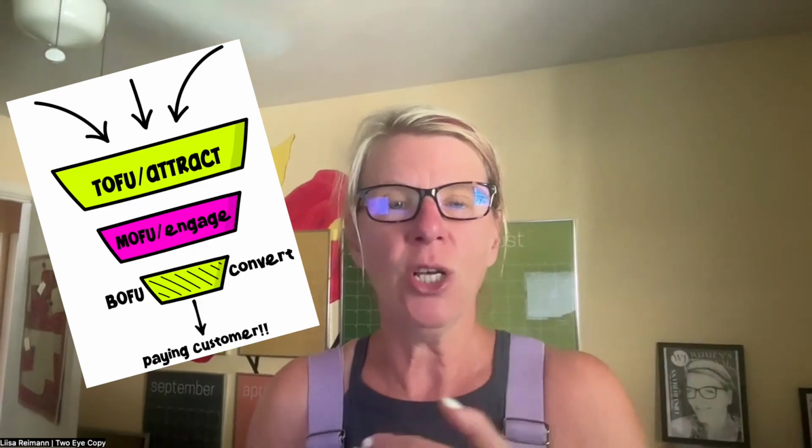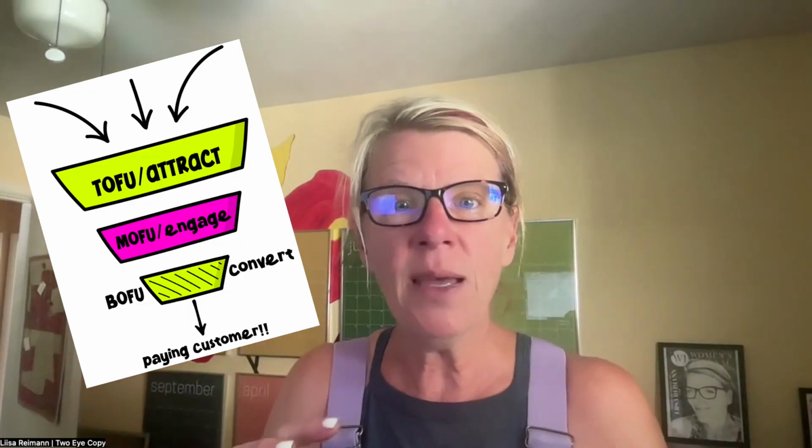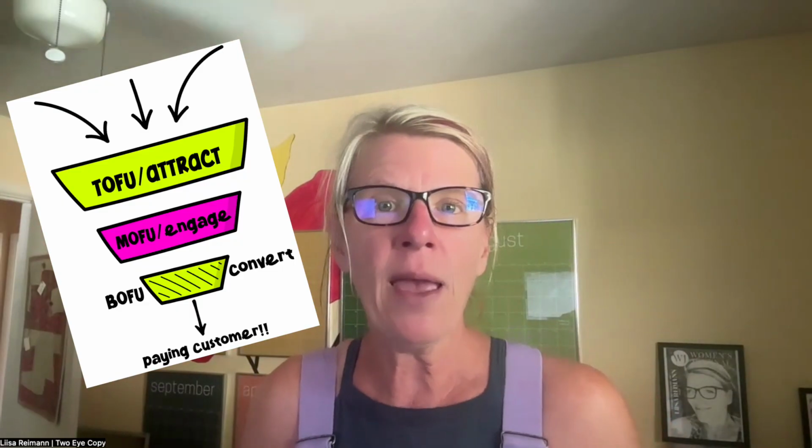You can also think of it in terms of attract, engage, convert. You attract people at the top, you engage with them in the middle, and you convert them into paying clients at the bottom. There's also a third analogy that's kind of fun. Think of it like the dating scene. You go on a first date with somebody, you get to know them, and then you maybe make a proposal, whether that's to just go steady or a marriage proposal, whatever.